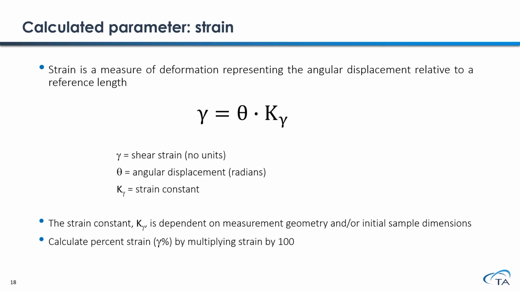From angular displacement, we can calculate the sample's shear strain. Strain equals angular displacement multiplied by a strain constant. Again, this strain constant is also a geometry dimension dependent constant. When we discuss each individual geometry, we will provide you with the formula for calculating this strain constant.